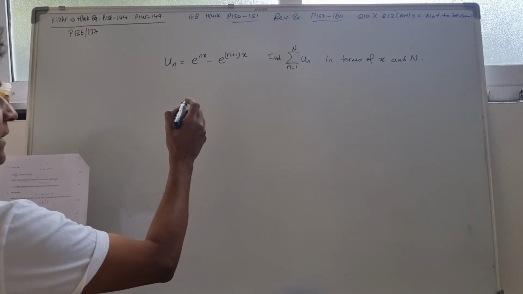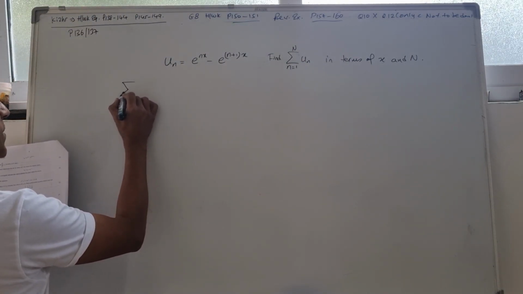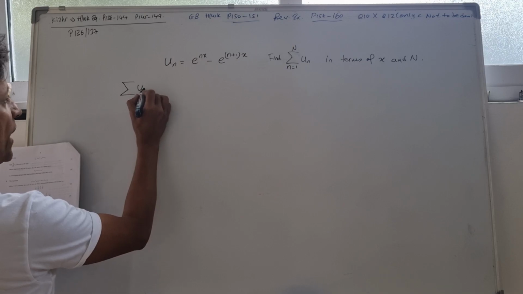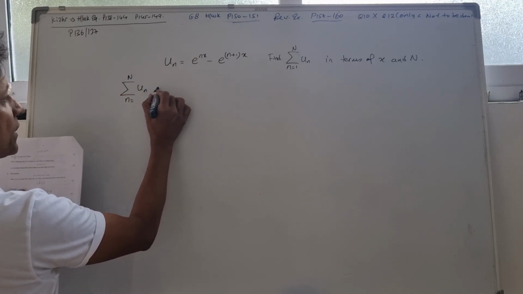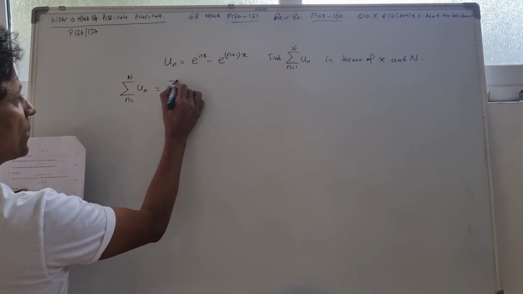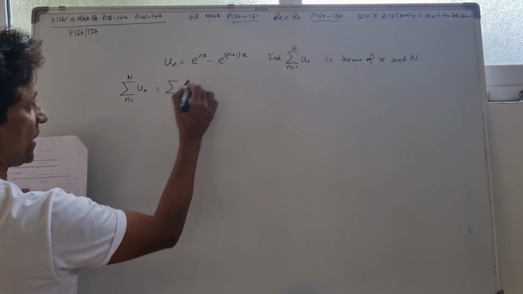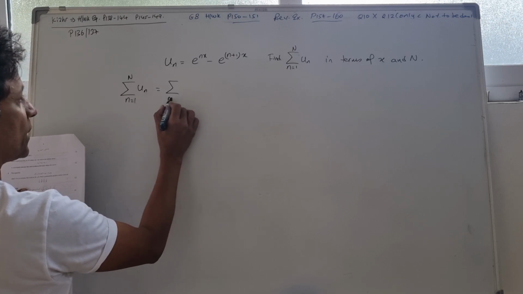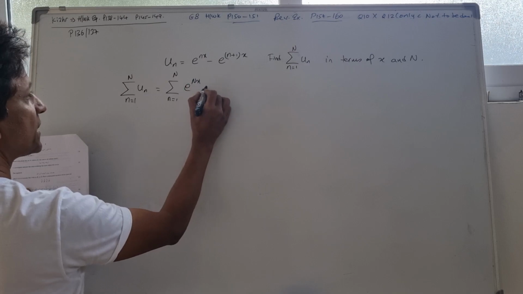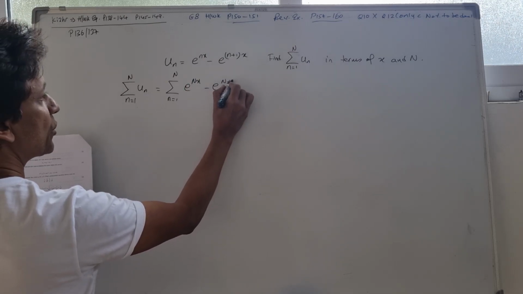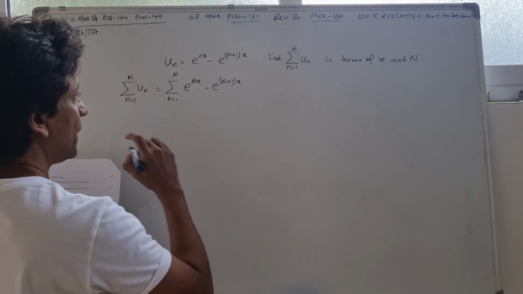Before we do that, we take into consideration that the summation of u_n is simply the summation of the whole expression, n going from 1 to N, e to the nx minus e to the (n plus 1)x.